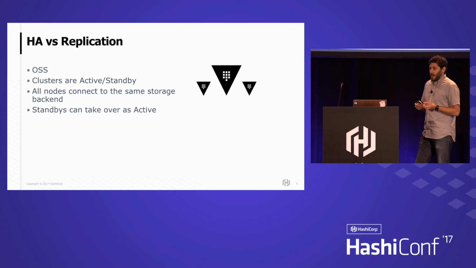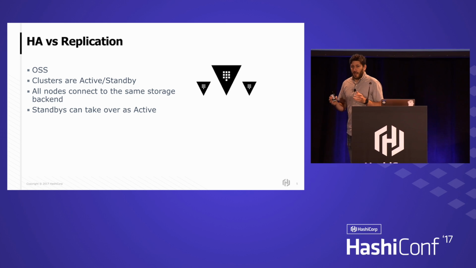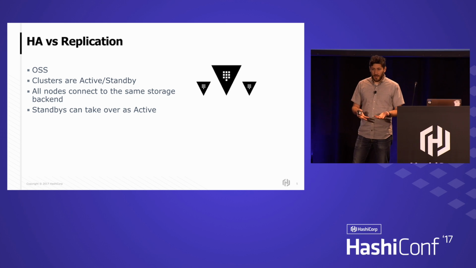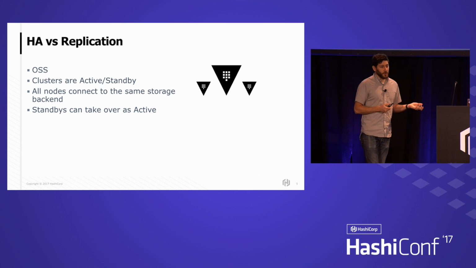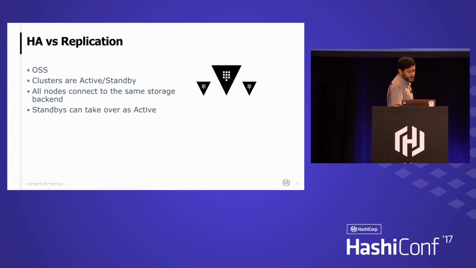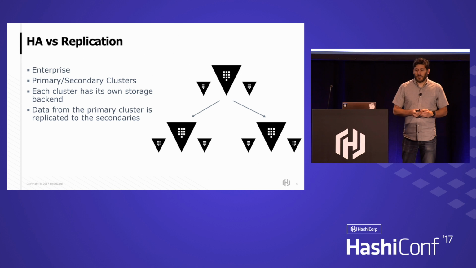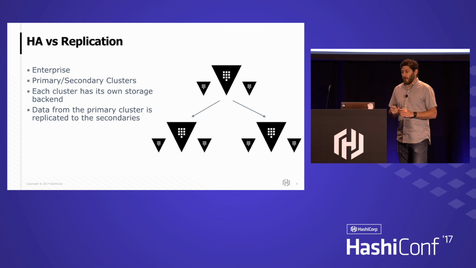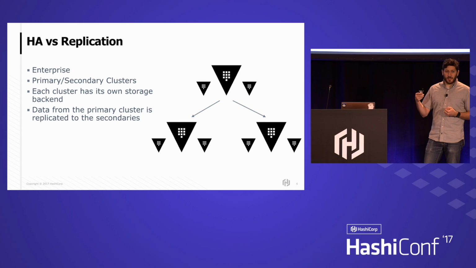And all the nodes in this HA cluster actually talk to the same underlying storage backend. So they're all configured to talk to the same Consul cluster or Postgres database. Replication, which is an enterprise feature that came in Vault 0.7, has primary and secondary clusters.